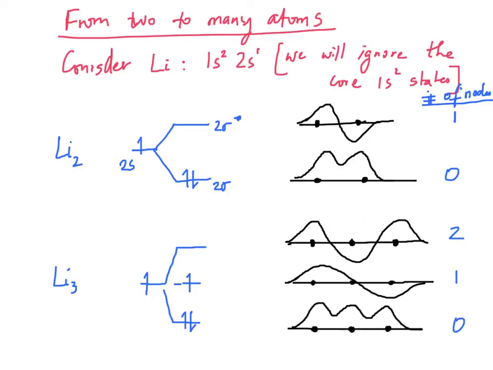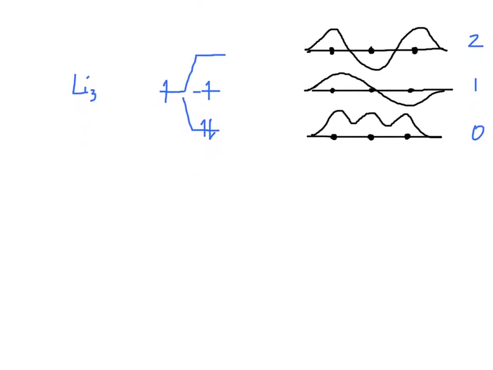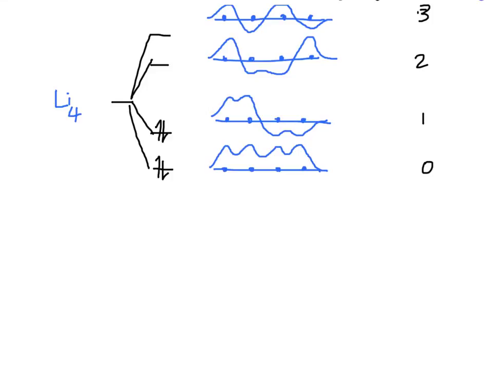And so we are going to demonstrate that a little bit further. We're going to consider a lithium 4 system, and then of course we're going to jump straight from there to the lithium N system, where N is a very large number, meaning we have reached the solid state. Okay, so let me give myself a little bit of room.